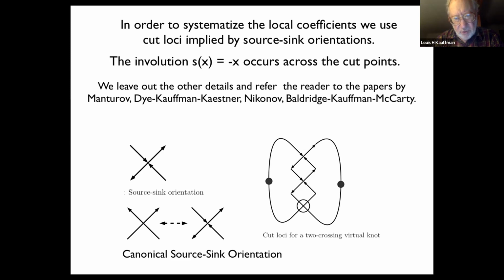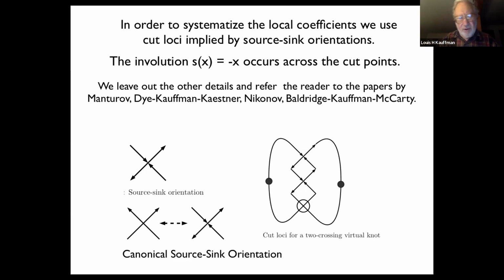And then when it's a virtual knot, that causes some cut points to happen. If you put a source-sink orientation everywhere, then from the cut point, it's going directly into that crossing, but you have to go in the opposite direction in order to fulfill the orientation at a nearby crossing. So the cut points are places where you would have to reverse the orientation.